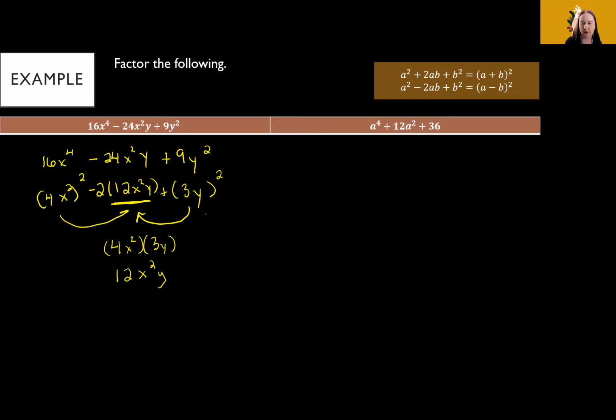So I've just verified that it fits all of our requirements. Once you verify that, then all we need to do is put it in that form. It's going to be your 4x, and then minus, because the middle term is minus, and 3y, and then squared.